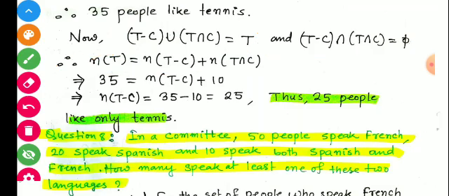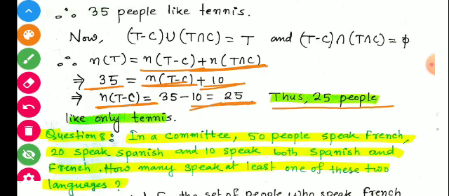So n of T equals n of T minus C plus n of T intersection C. The cardinality of T we already got, 35, and T minus C we don't know yet, but the intersection is known, 10. After putting those values we get 25. Thus 25 people like only tennis.